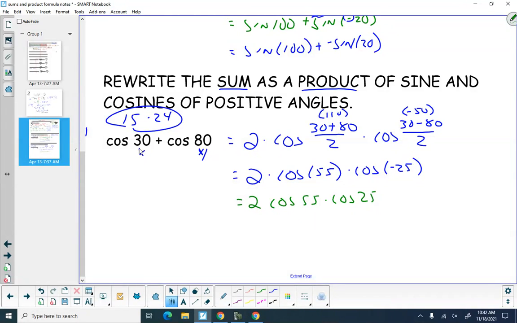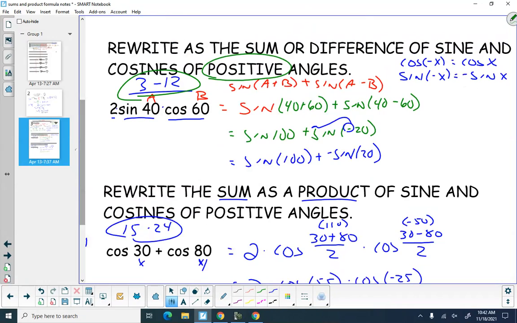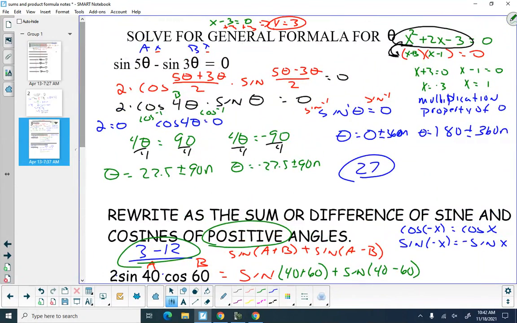So in problems 15 to 24, that's what you're doing here. Problems 3 through 12, you have these types of problems. And problem 27 is one equation that you will have to solve.